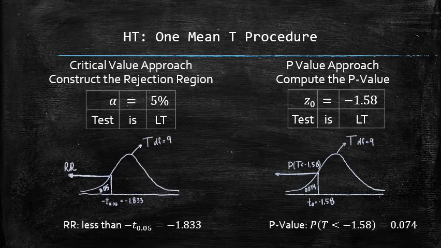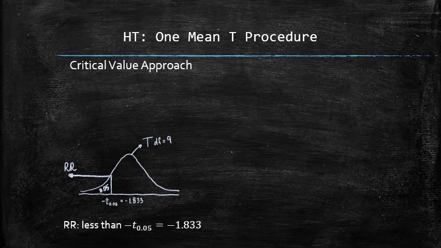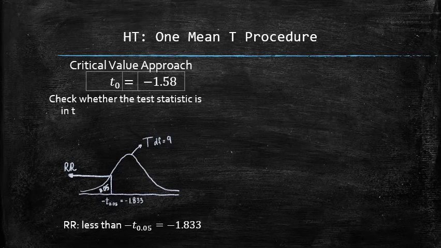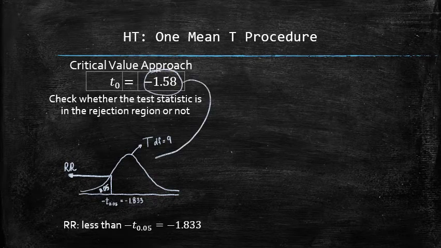Next, we're going to decide whether to reject or not reject the null hypothesis. In the critical value approach, we must check whether the test statistic is in the rejection region or not. Our test statistic is -1.58, and it is to the right of the critical value, -1.833. Thus, it is not in the rejection region.